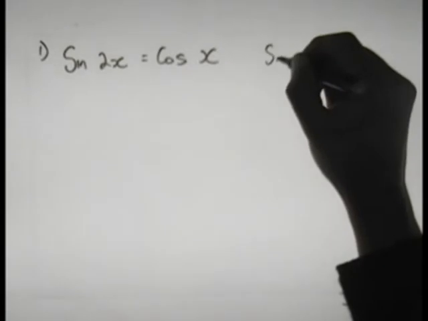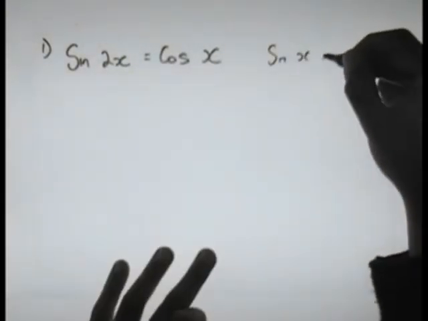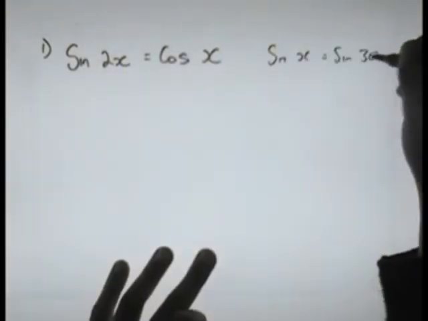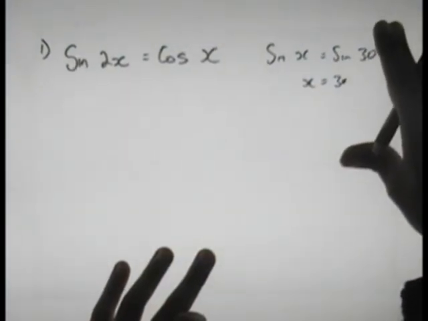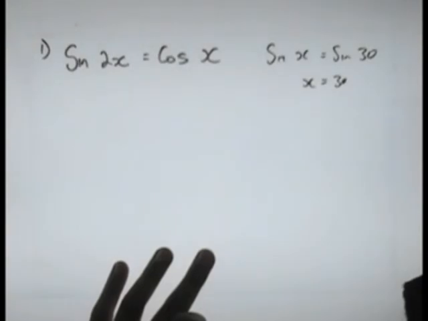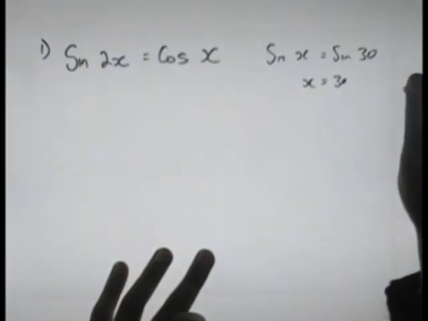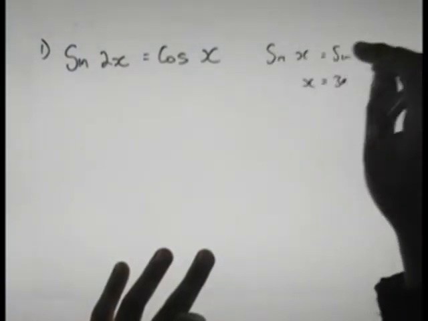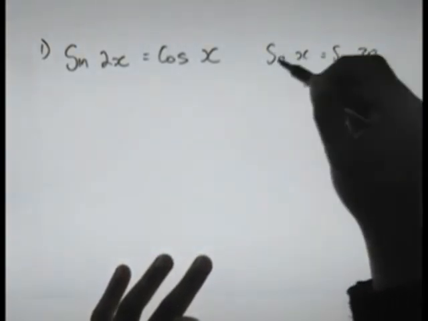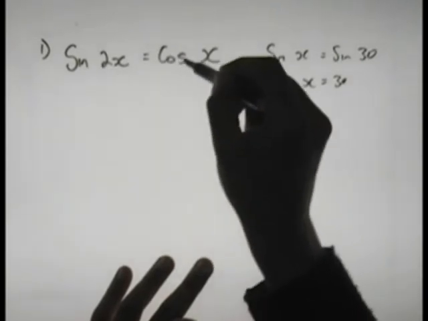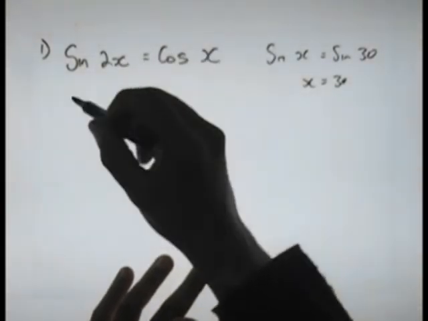For example, it's easy to say if sine x is equal to sine of 30, it's easy to say that x is equal to 30 degrees, right? But they have to both be sine, or they have to both be cos, or whatever. In this case, I've got sine and I've got cos.